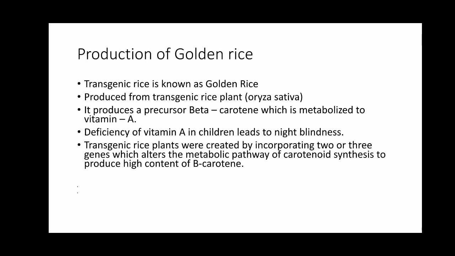Then it produces beta carotene in the edible part of the plant so that it can be utilized. These three enzymes play an important role in the synthesis of vitamin A. Each enzyme has its own catalytic activity in the conversion of one biomolecule product into another. This is how golden rice is produced.